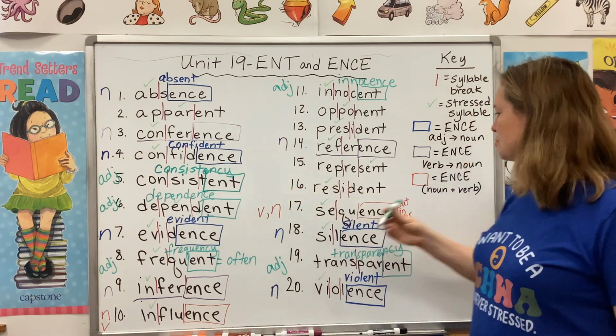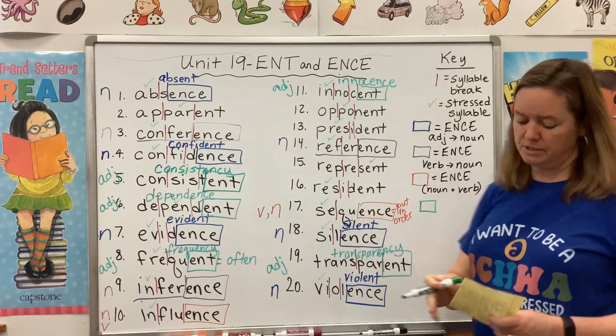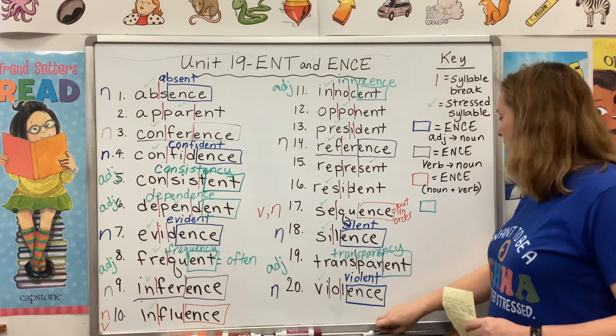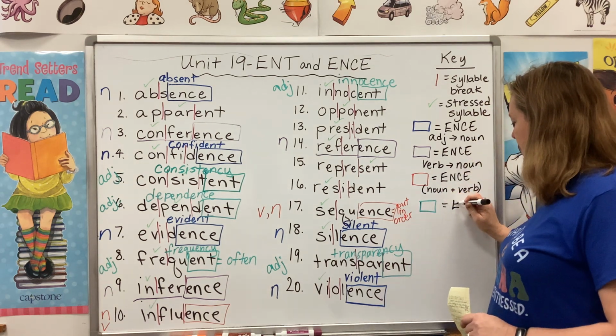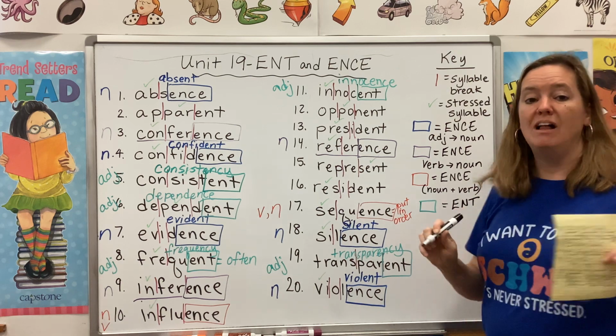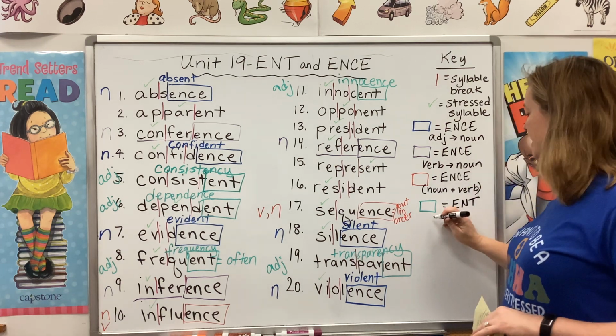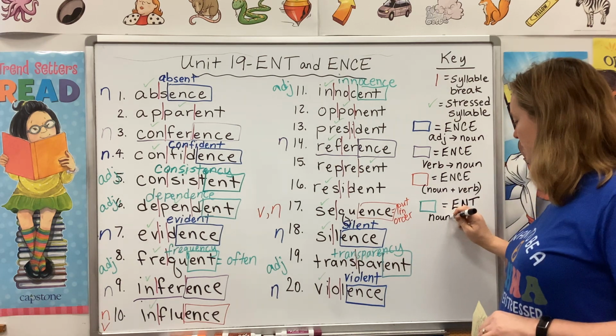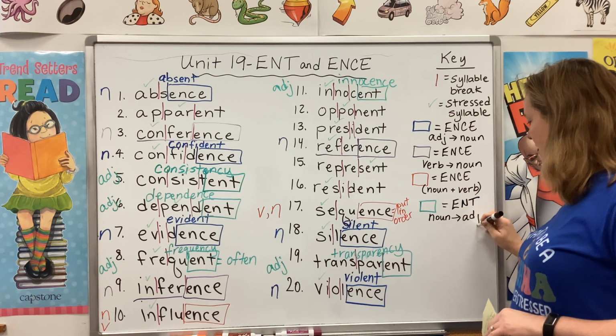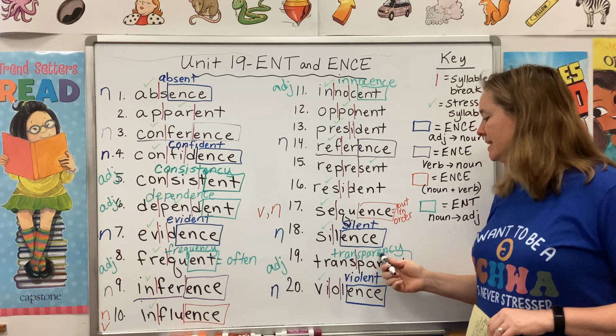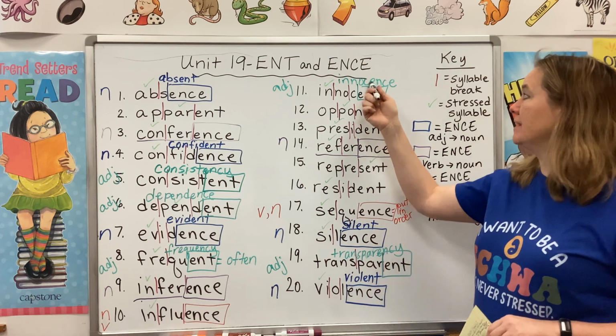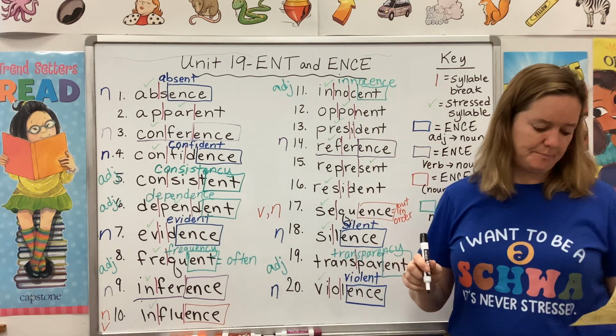All the words we just talked about, all those green box words, end with ENT, and they're all adjectives, but they could have started as nouns and then changed to adjectives, either by getting rid of the ENCY ending or the ENCE ending.